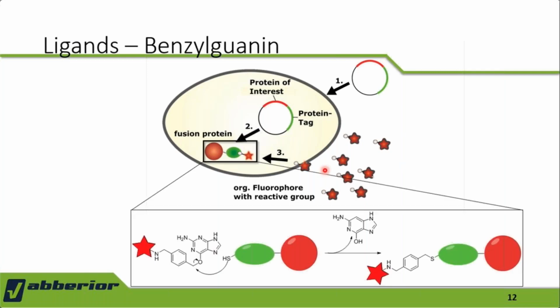And here's the reaction. We have this reactive group, a benzyl guanine, on our fluorophore, and this self-labeling protein will react with this benzyl guanine, releasing the guanine, and the fluorophore is covalently bound over a thioether to our fusion protein.